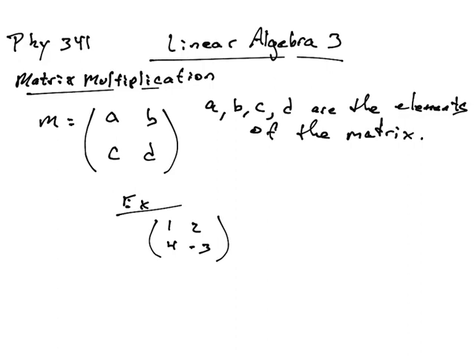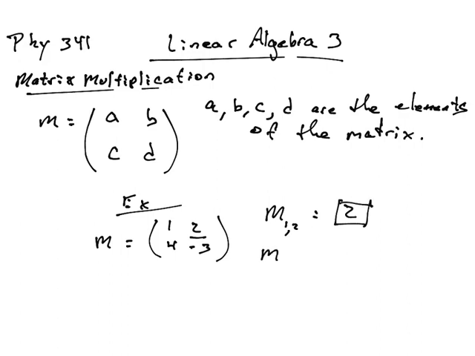So for instance, if I wanted to talk about the 2, let's call this matrix M. Well, this 2 here is in the first row, second column. So we would say matrix element 1, 2, in this case, is equal to 2.